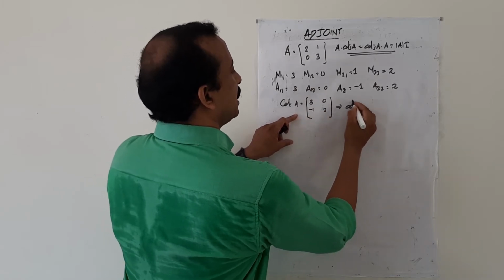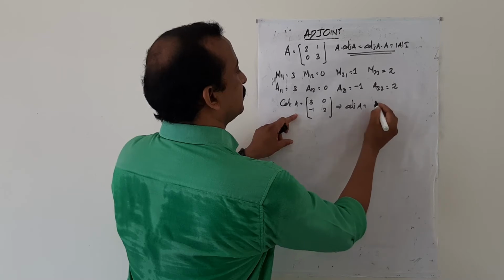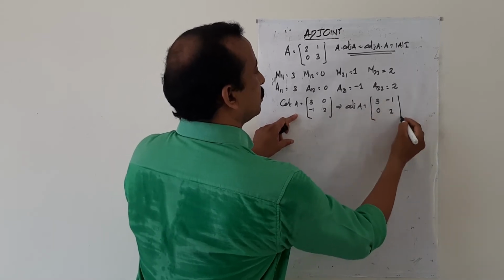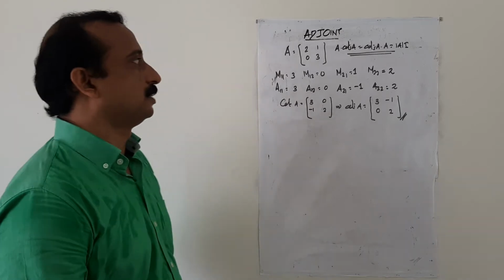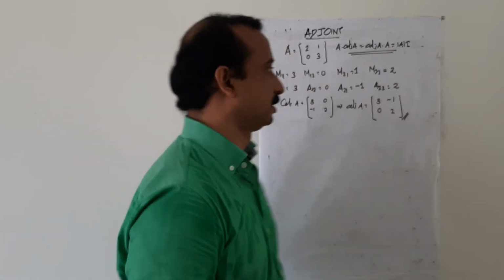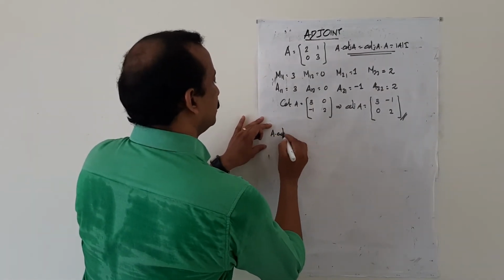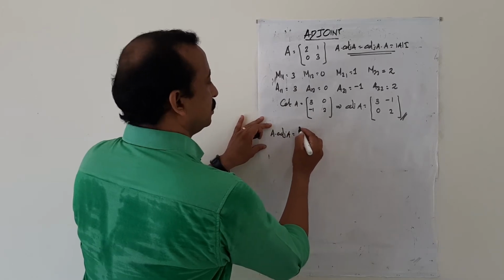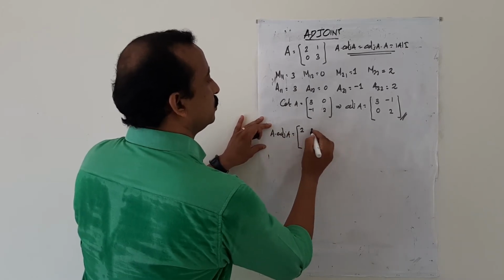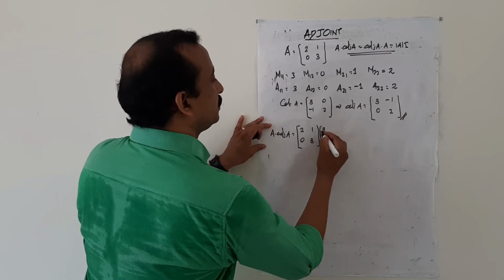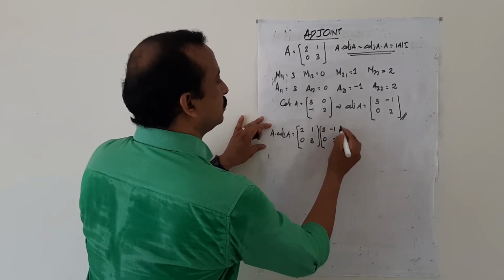That implies the adjoint of the given matrix is 3, minus 1, 0, 2. Adjoint ready. Now we find A into adj A. A into adj A is equal to [2, 1; 0, 3] into [3, minus 1; 0, 2].